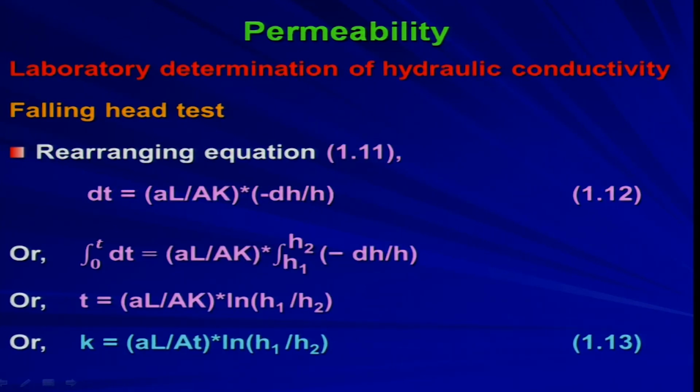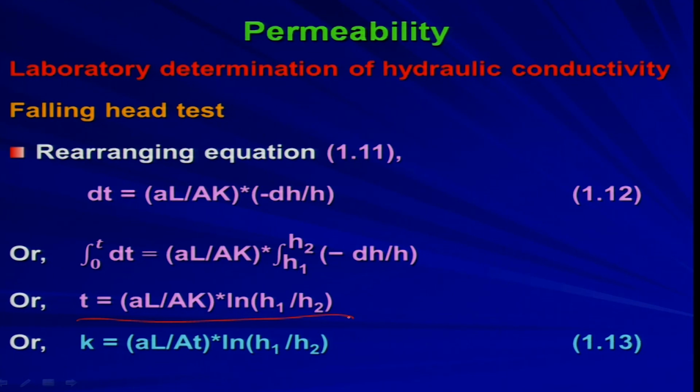So, rearranging equation 1.11, we get dt equal to small a into L divided by capital A into k into minus dH by H. Now, we are integrating both sides over the range 0 to t for dt and over the range H1 to H2. From this we get t equal to small a into L divided by A k into log base e H1 by H2.